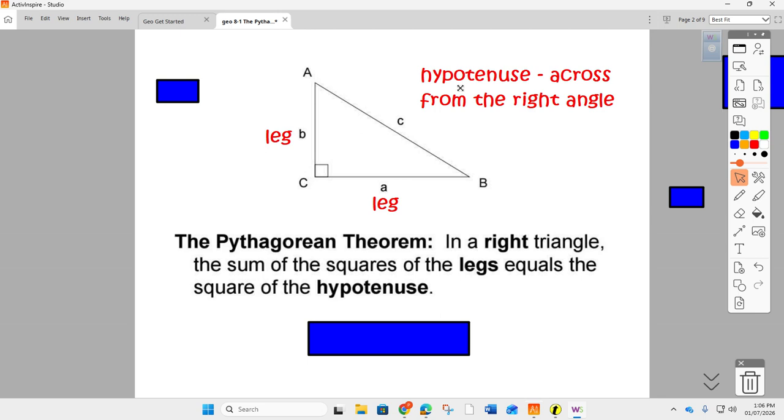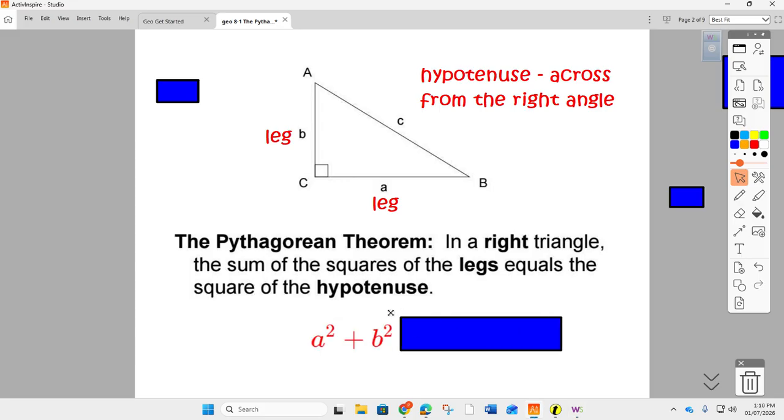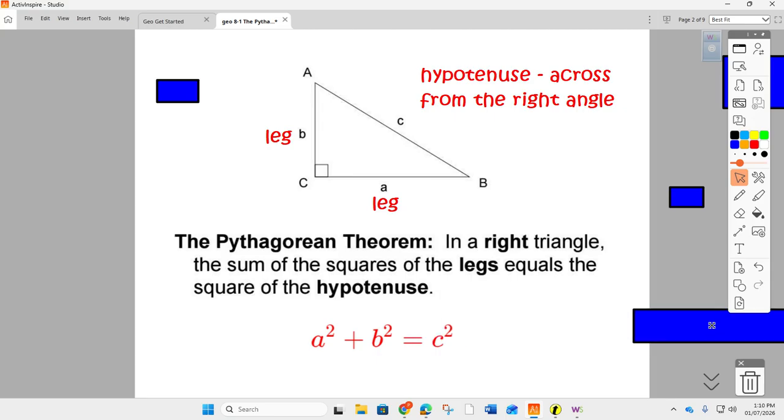We just said that A and B are the legs, and the theorem says the sum of the squares of the legs. So that's A squared plus B squared. Sum means to add. A squared plus B squared equals the hypotenuse squared. Okay?